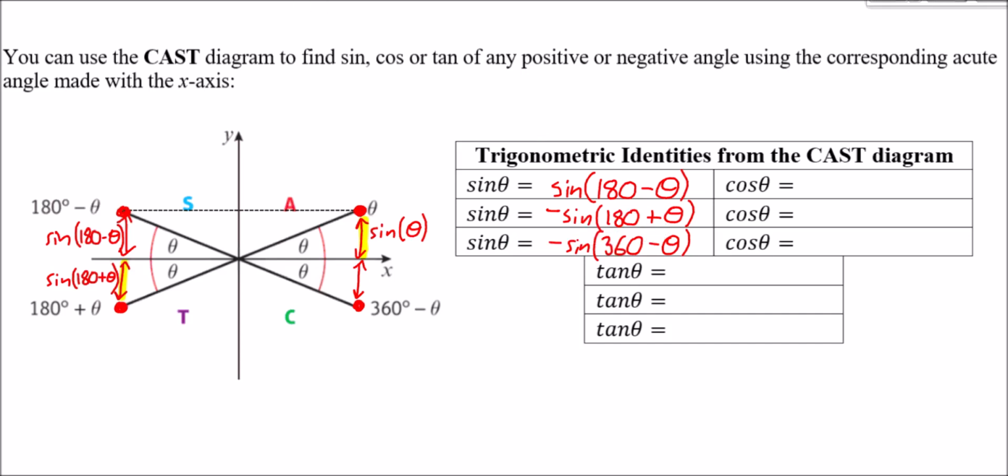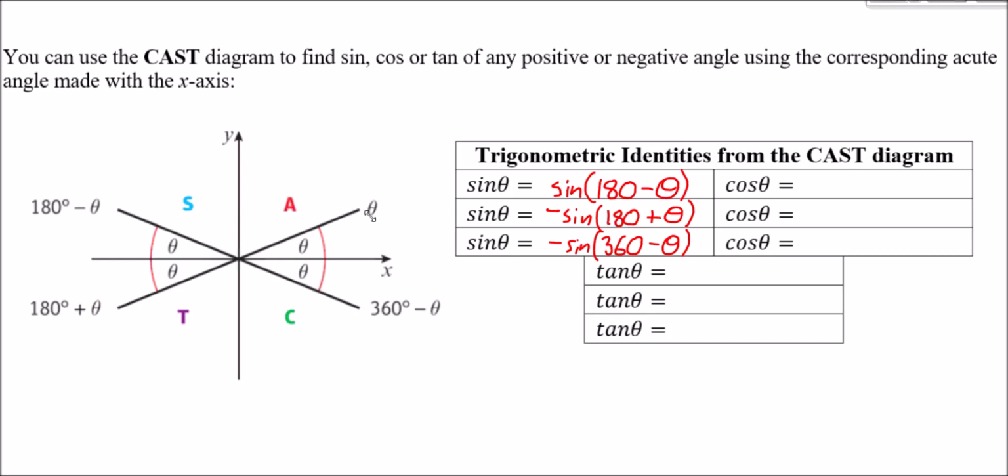So let's think about cos now. So I'll clear that off, and now we can think about identities involving cos theta. Now cos theta relates to the x-coordinate of any point on the cast diagram.